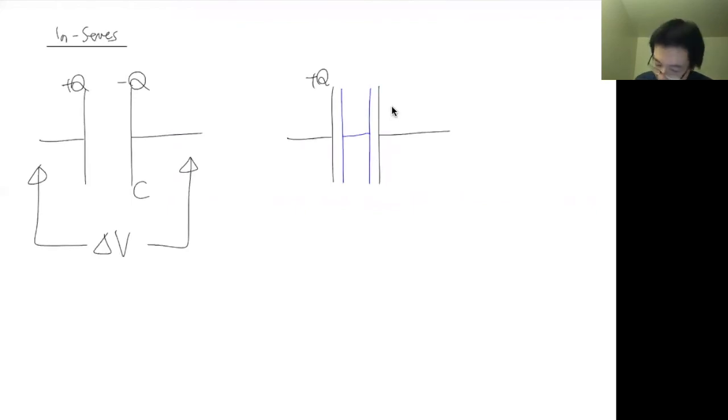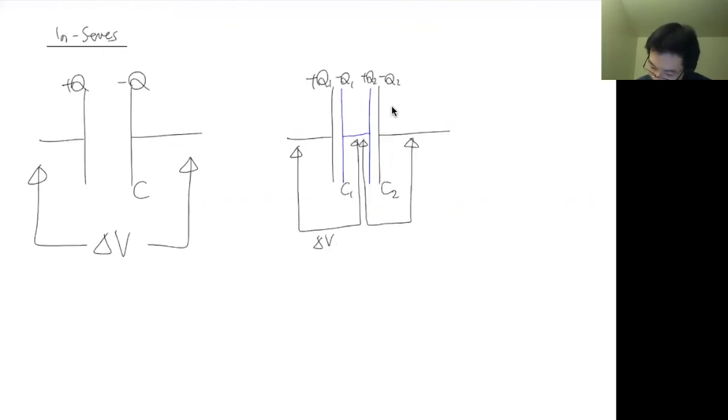Now, if I relabel this as Q1 minus Q1, so this is capacitor 1, capacitor 2, and positive Q2 minus Q2 on this side, like this, and write, this is going to be difficult to squeeze in, but we'll try our best, delta V1, delta V2, like this. I'll put that on top, maybe that's a little bit easier. Delta V1 and delta V2.